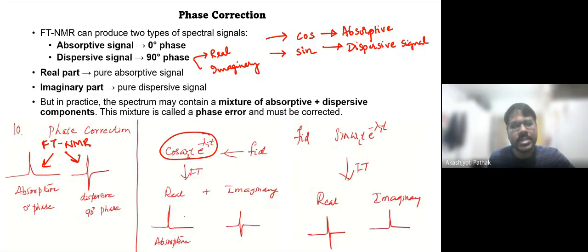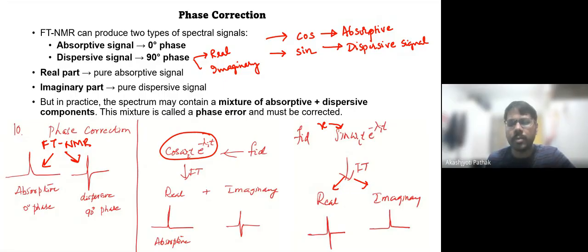The real part is absorptive and the imaginary part is dispersive. Similarly, if you do a Fourier transform of this sine function, the signal that you were detecting on the x-axis, then again you get two signals, a real and an imaginary. Your real part is 100% dispersive, and your imaginary part will be 100% absorptive.